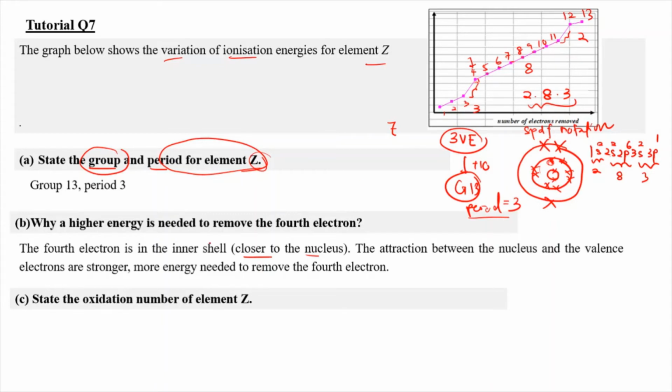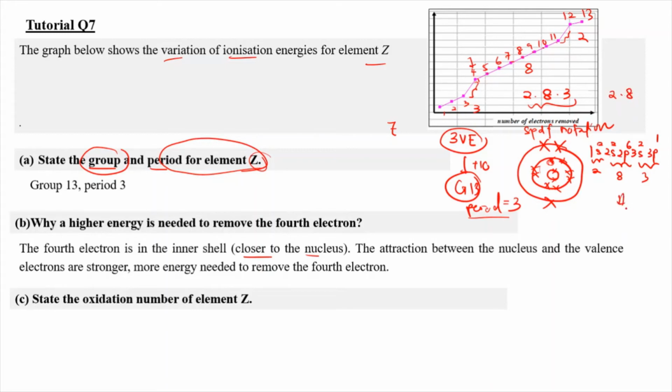Now we're going to state the oxidation number of element Z. The oxidation number of element Z means that we need to make the atom stable. For ionization energy to occur effectively, it needs to remove electrons so that the atom can become stable. You know that you have 2 and 3. Logically, in order to become a noble gas, it needs to become 2.8.